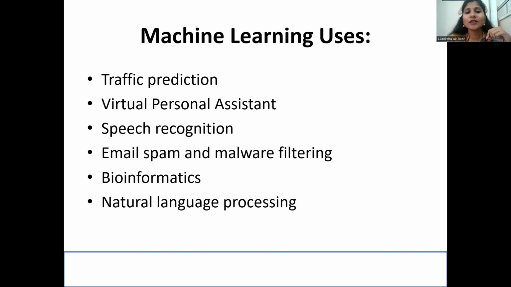This is an example where machine learning algorithms are used. Next is speech recognition. We use a pattern matching technique to recognize the speech of a particular person, checking whether it matches previous speech in the record or not, and this is done using machine learning.